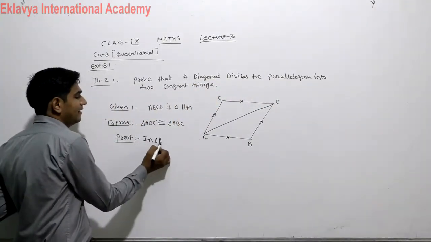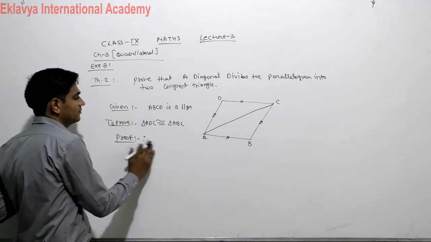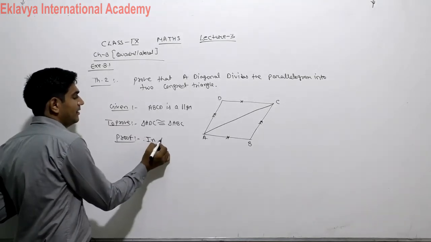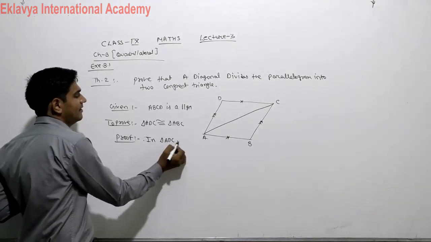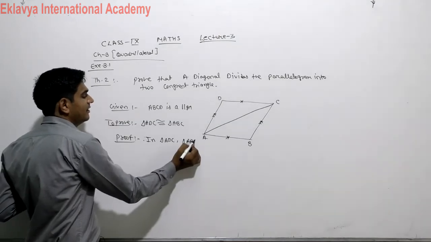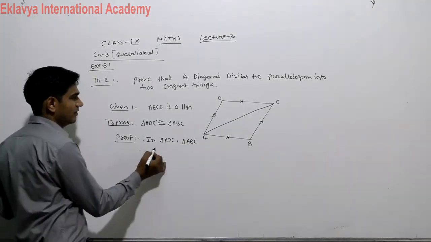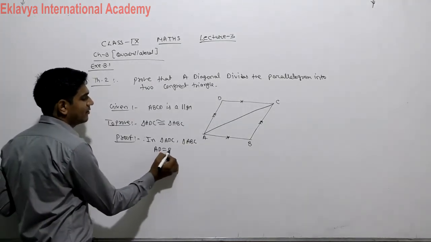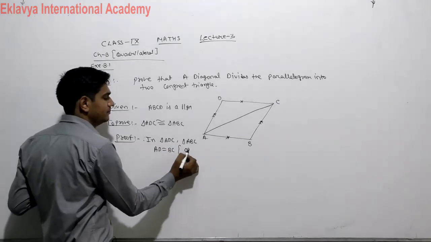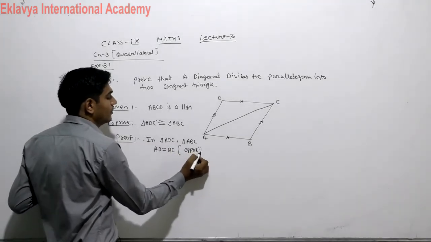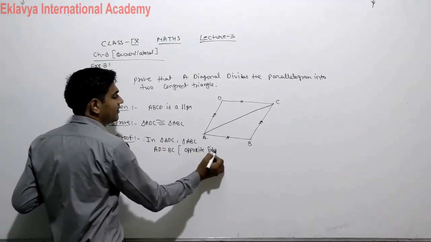First, in triangle ADC and triangle ABC: first, AD is equal to BC. Reason: opposite sides are equal.